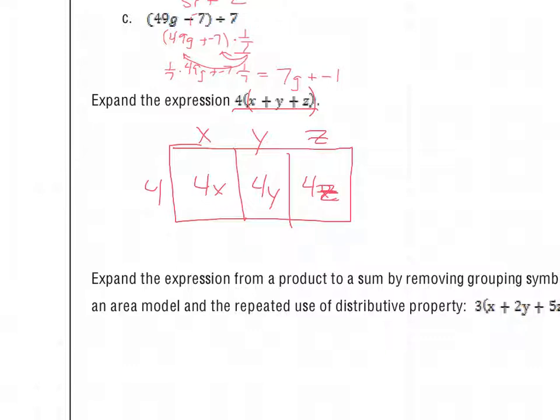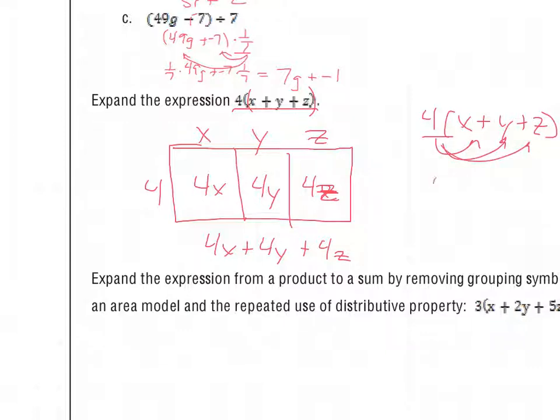So our total area, or our simplified expression, would be 4x plus 4y plus 4z. Or algebraically, we could have seen that it was 4 times x plus y plus z by thinking about our distribution, 4x plus 4y plus 4z.